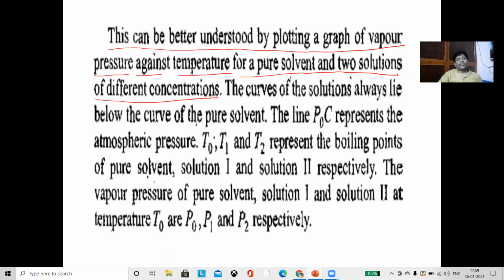We take pure solvent, solution 1, and solution 2 in the graph. The curves of the solution always lie below the curve of the pure solvent.